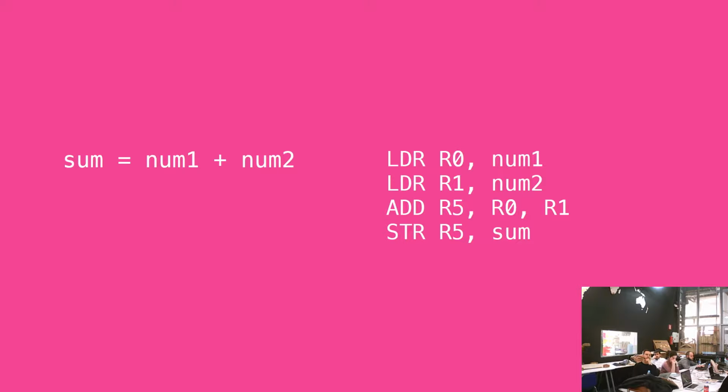You say, that's the drawer and that's the value you put in the drawer. Then you go to the next one, which is like a calculator. It's like adding. It says, okay, add what is in drawer 0 with what's in drawer 1, and I store it in drawer 5. And then I say, now store what's in drawer 5 into something which is called sum.